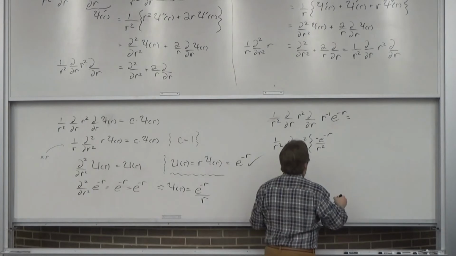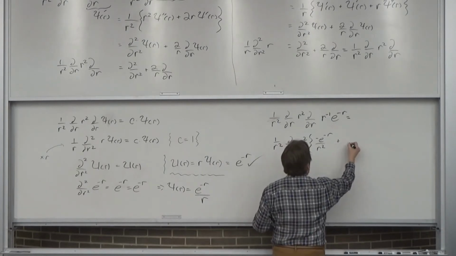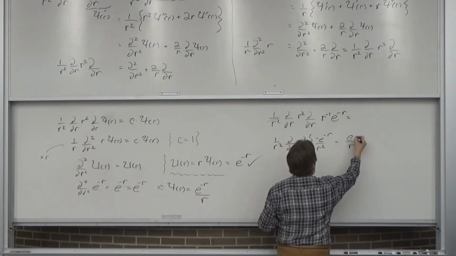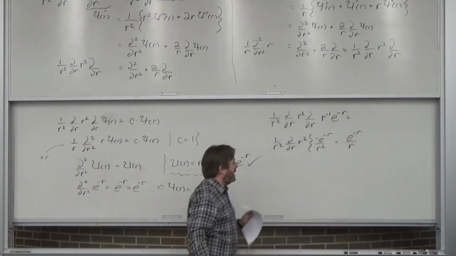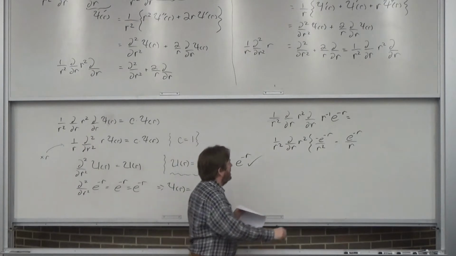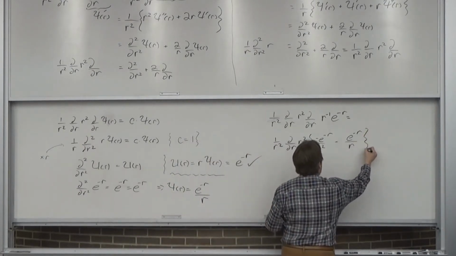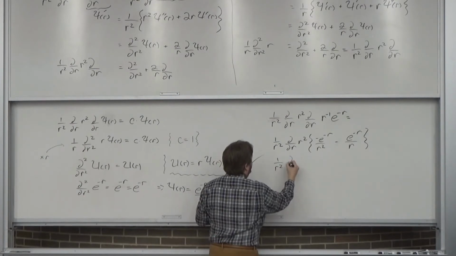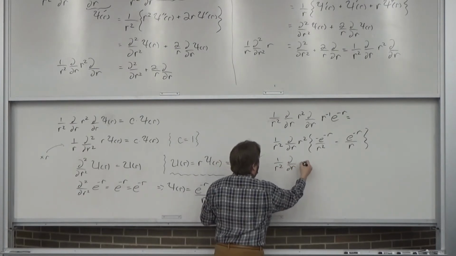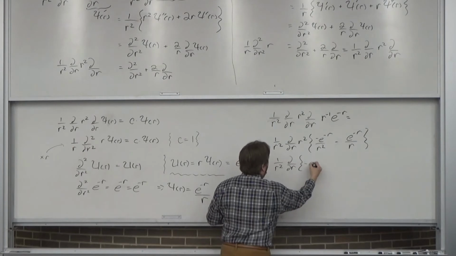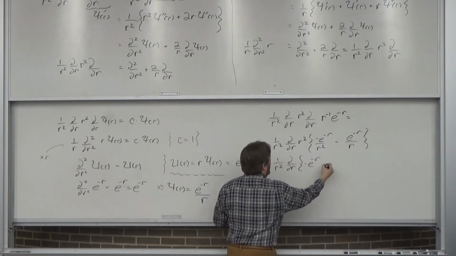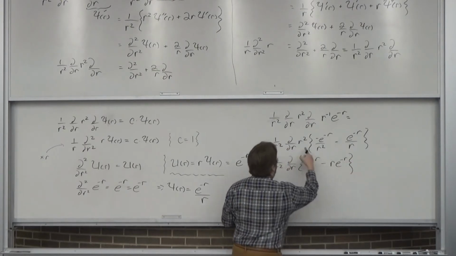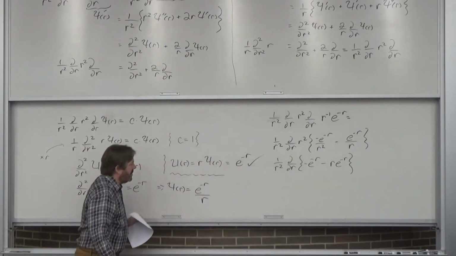Next one, I leave r to the minus 1 alone and do the derivative of e to the minus r, which is just minus e to the minus r. I won't do too much algebra in a single place. Let's see, I've got e to the minus r, minus r, e to the minus r, from that r squared multiplying through.